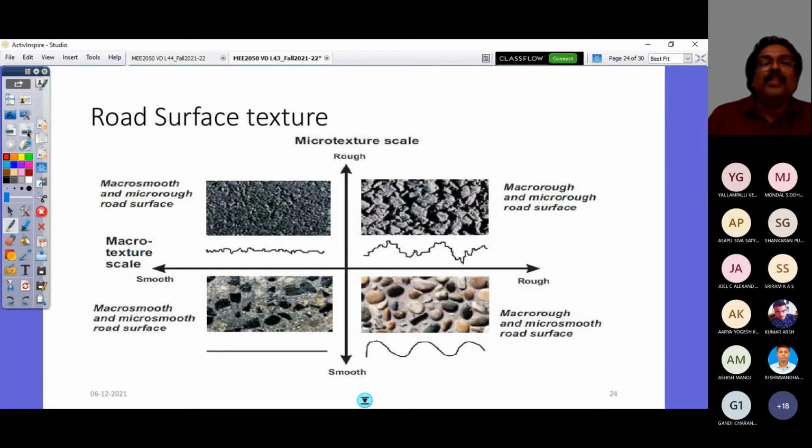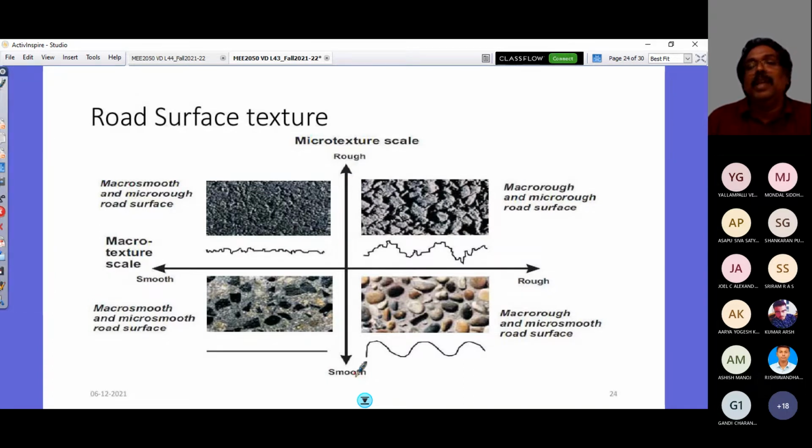So if you look, the road surface texture is defined by these 2 scales: micro texture scale, vertical, and macro texture scale, horizontal. So on both scales, if you go up, it refers to an increase in the roughness of the road. If you go down from this origin, it represents the smoothness of the road surface on the micro texture scale.